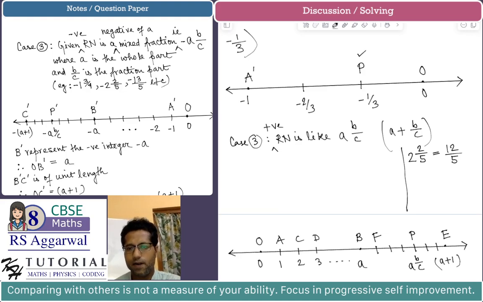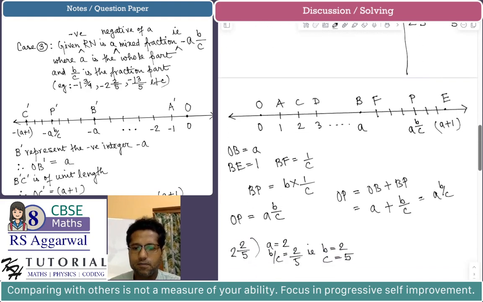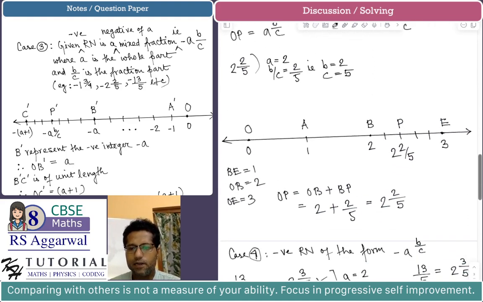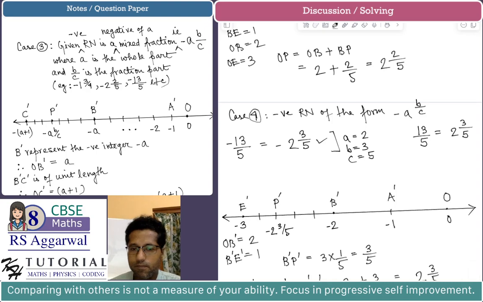So you have a whole part a and a fraction part b by c. Now instead of a and b by c, you could also be given an improper fraction, and we know that we can always convert an improper fraction to a mixed fraction. And the last case 4 was the same as case 3 but a negative rational number, that is the negative of a mixed fraction or the negative of an improper fraction.